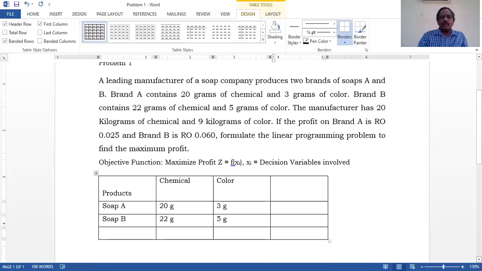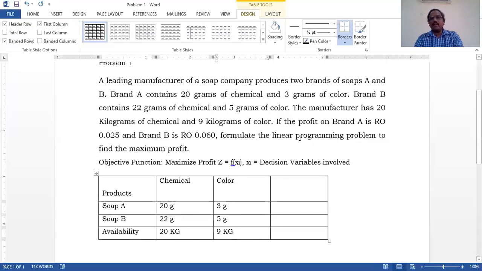Next, it is given about the availability. The manufacturer has 20 kilograms of chemical and 9 kilograms of color. So I'm going to take the availability, writing chemical and color at the end. Chemical is available 20 kilograms, and color is available 9 kilograms.